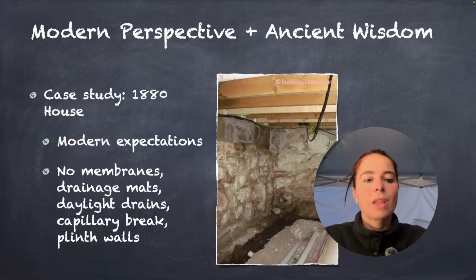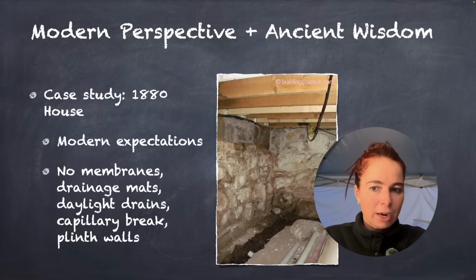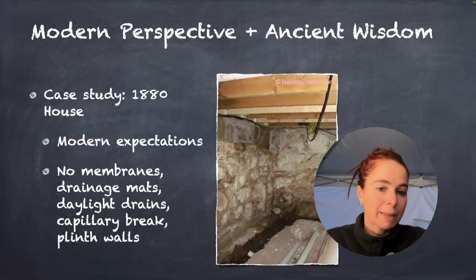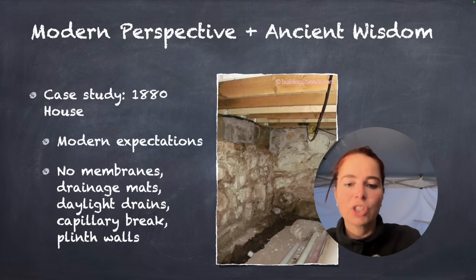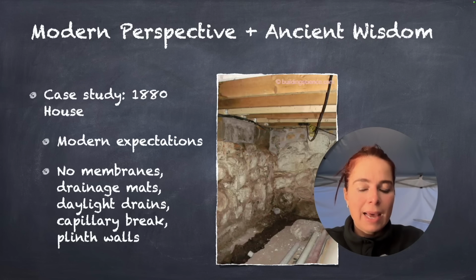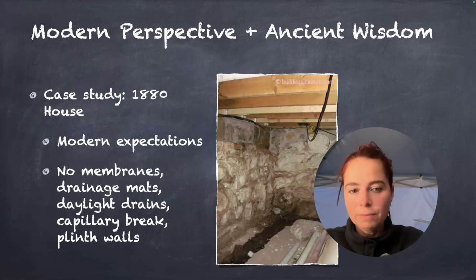I did want to talk a little bit about a case study that I found that was published by the Building Science Corporation. I'll put a link to it in the description below as well if you want to go check it out. This was an absolutely scathing look at what they called a rubble wall foundation.